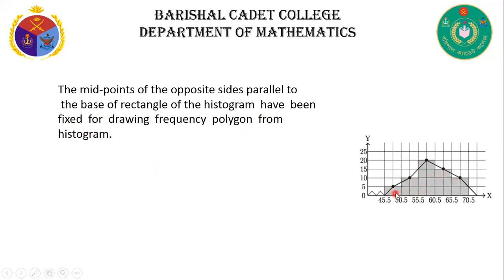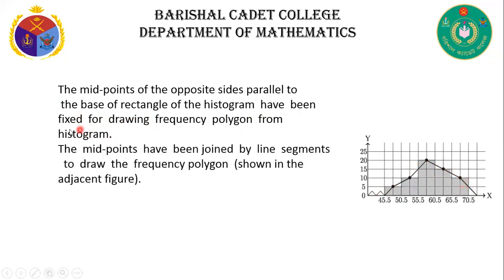And now joining these midpoints, it will be a frequency polygon. The midpoints have been joined by line segments to draw the frequency polygon shown in the adjacent figure. That means in this figure, if we join the midpoints, then this histogram or this graph will be made into a frequency polygon.